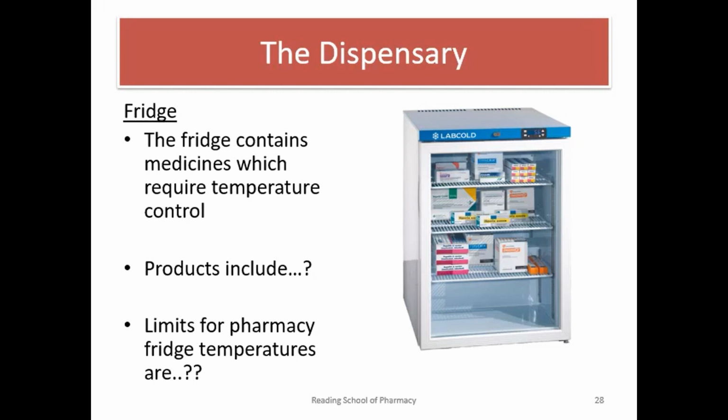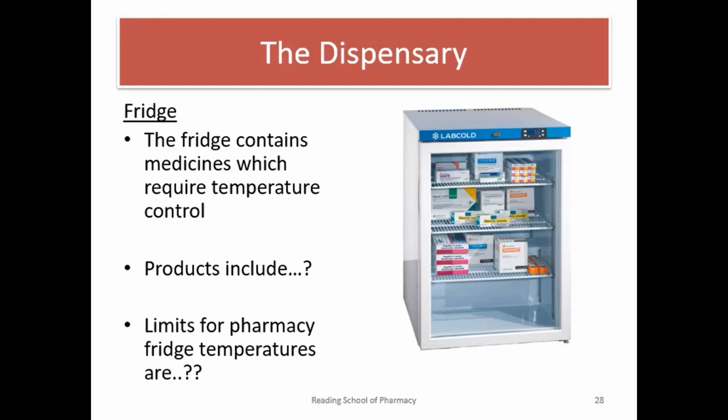There is also a fridge. The fridge contains medicines which require temperature control. Products in here include examples such as eye drops, ear drops, insulin, vaccines. So for example, the flu vaccine or insulin will be stored in the fridge. Now, in terms of limits, for a fridge temperature in the pharmacy, the limits are between 2 degrees and 8 degrees.